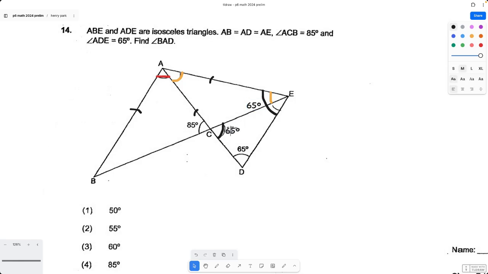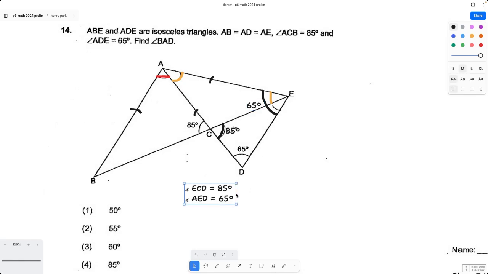So that means we can get this part over here. So let me just write down everything. So angle ECD is equal to 85 degrees. Okay, and then angle AED is also 65 degrees.